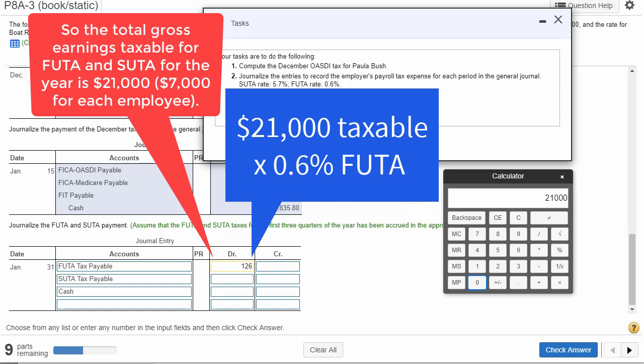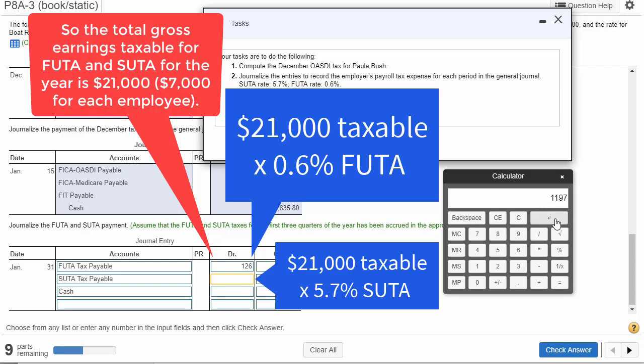And we're going to multiply that by 5.7%. So let me clear that again to show you. 21,000 times 5.7%. So that gives us our 1197.